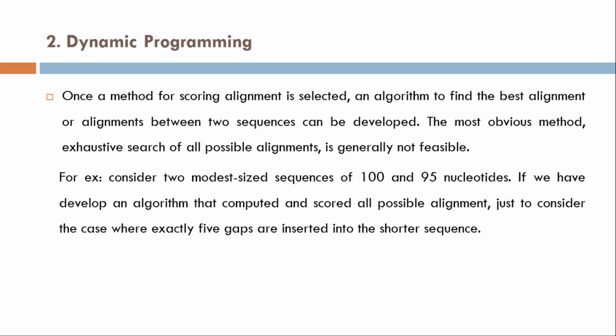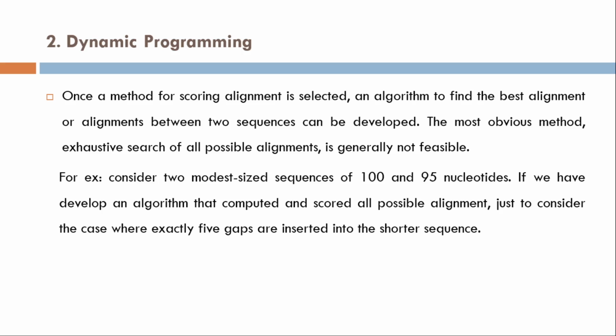Dynamic programming means, let's just take an example. Consider two modest size sequences of 195 nucleotides. Suppose two sequences are there, and we want to include the concept of insertion and deletion, meaning we want to include gaps, where an insertion or deletion takes place during the course of evolution.